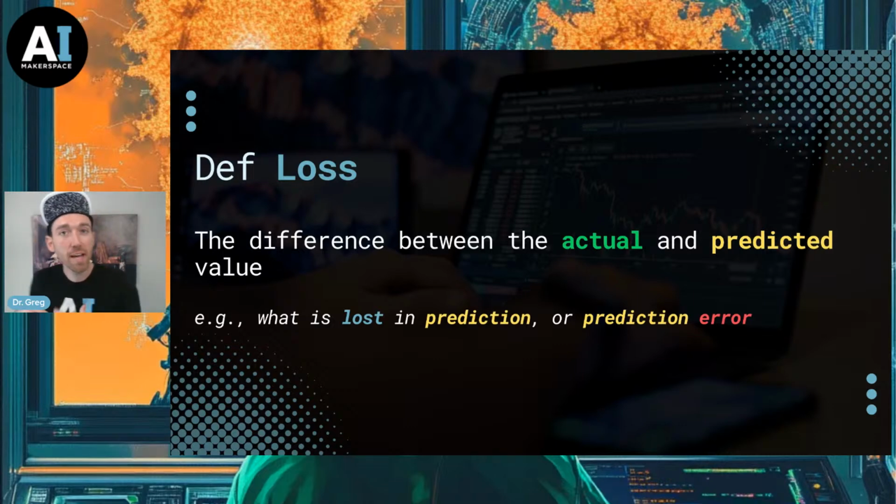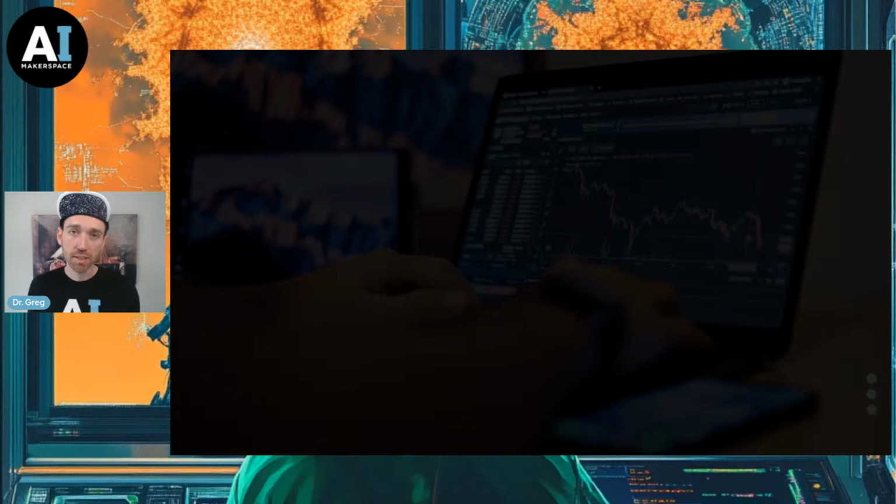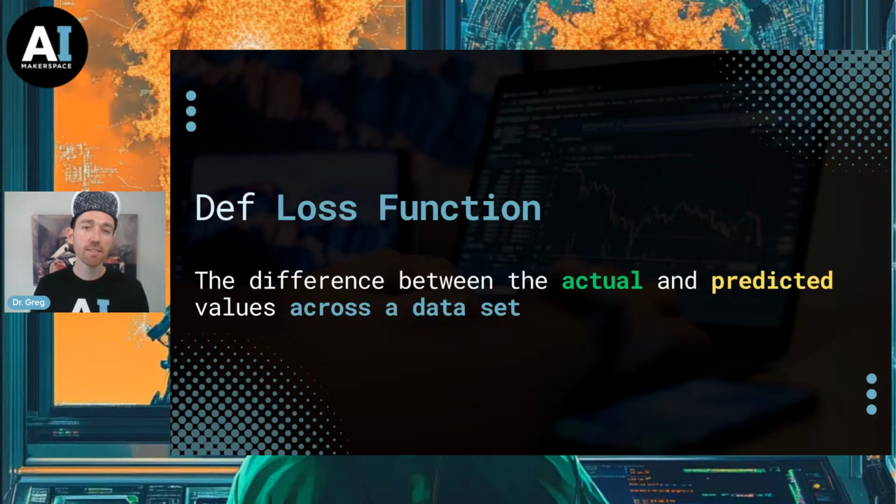We might even think of that as the surrogate value. So what is lost in prediction, we can also think about as the prediction error. And what a loss function does is it tells you about the difference between the actual, the true, and the predicted, the estimated, across a whole data set.